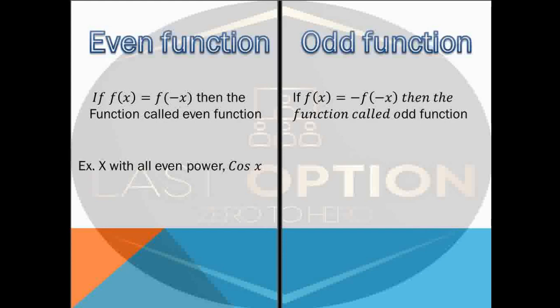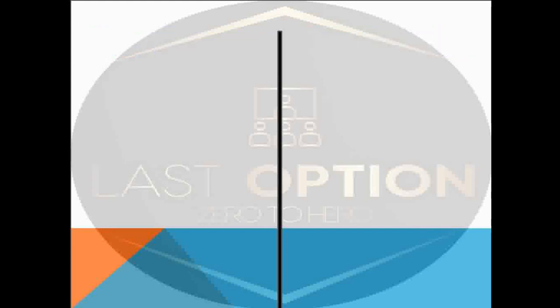An example of an even function is x with all even powers, and cos x is another example. An example of an odd function is x with all odd powers, and sin x is another example of an odd function.